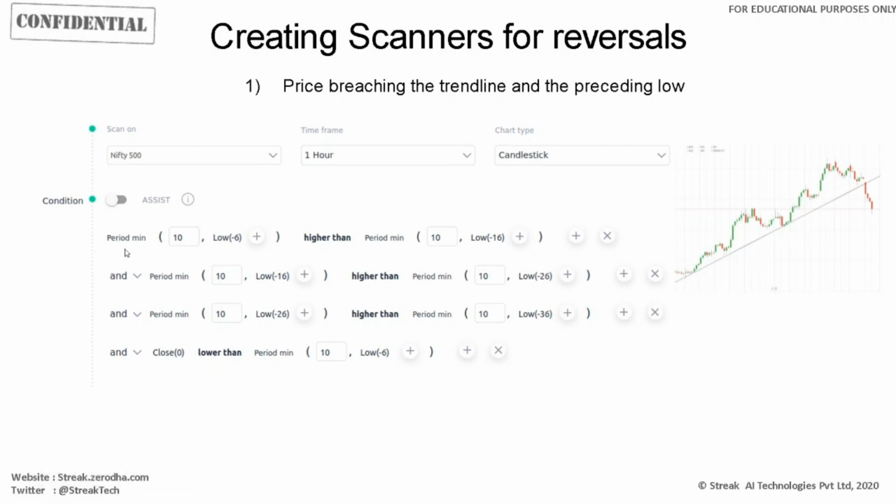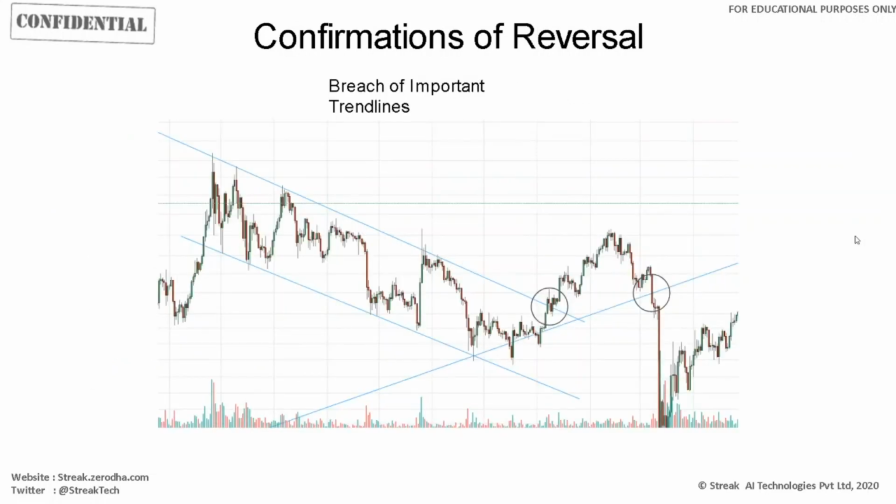So using the period min function, we defined these higher lows, and lastly we created the breakout condition with the close function. Now in this case, I would like you to imagine the opposite scenario. There is a long-term prevailing downtrend, and there has just been a bullish reversal. Let me just show you an example.